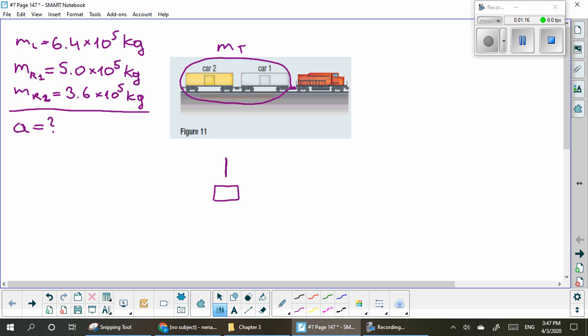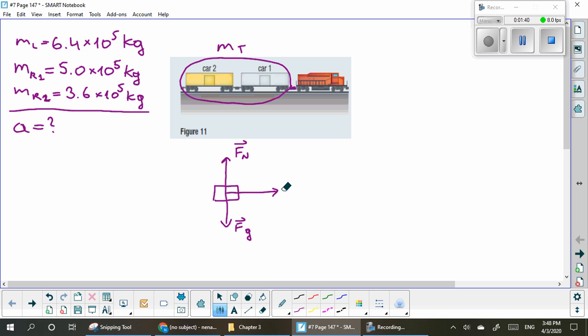We have normal force acting up. We have gravity acting down. And the only force that's actually acting on these cars is in this direction, where the locomotive is pulling.